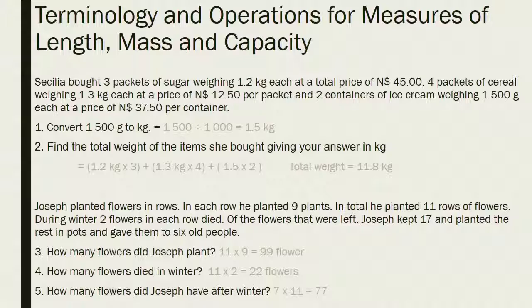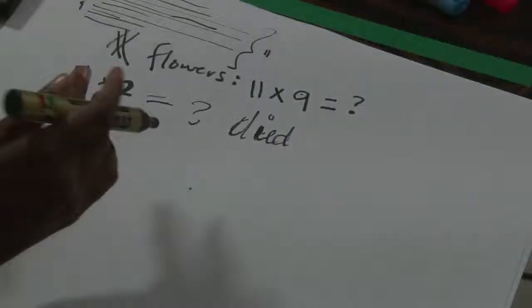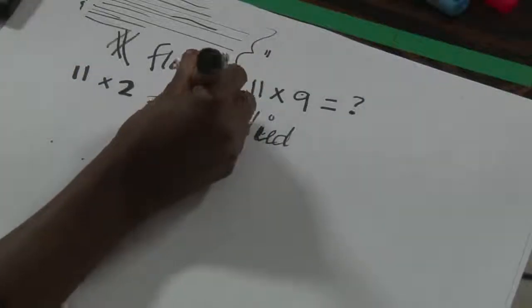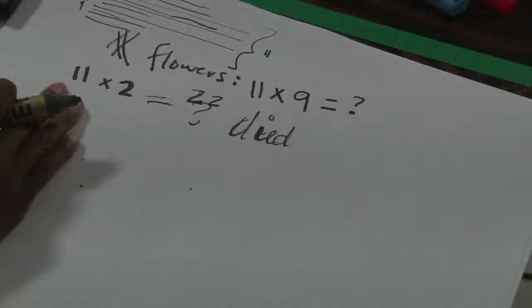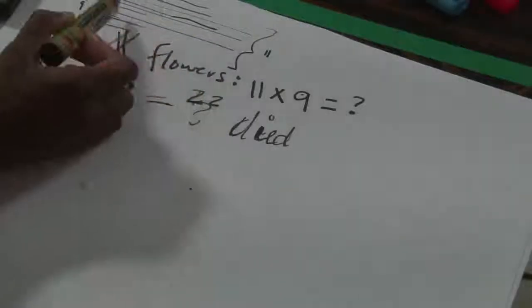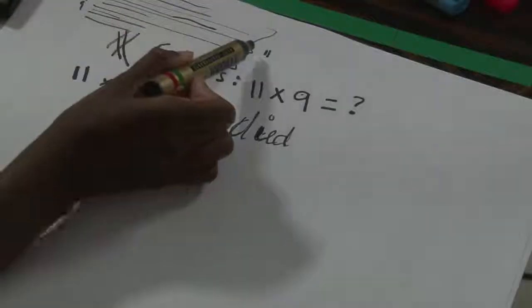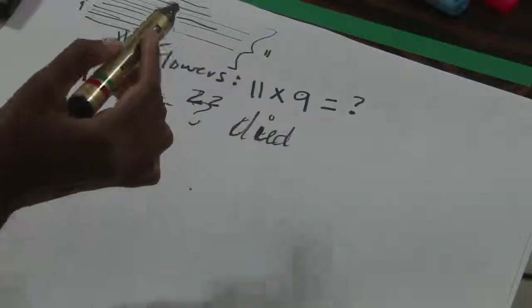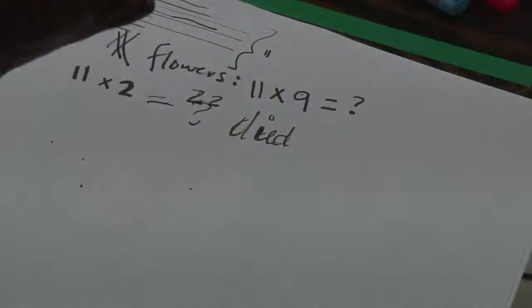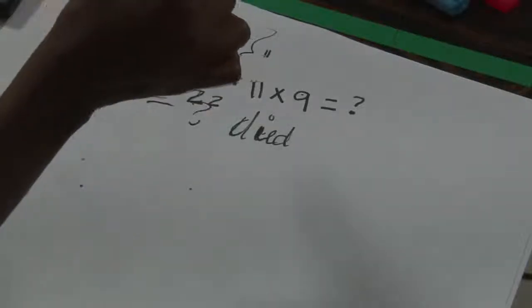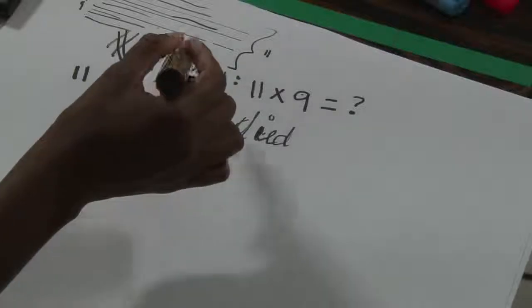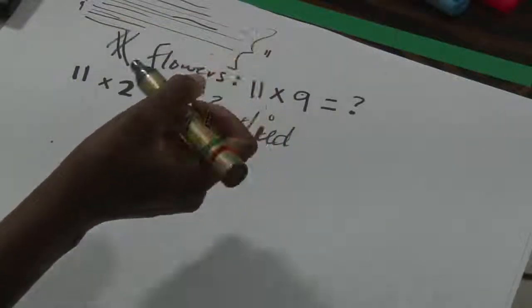So how many flowers did Joseph have after winter? Now we said, here you get 22. We said 2 on each row died. So if you look at your rows, he said 9 on each row, and if you lose 2 on each row, how many will be left? 9 minus 2, you get 7.